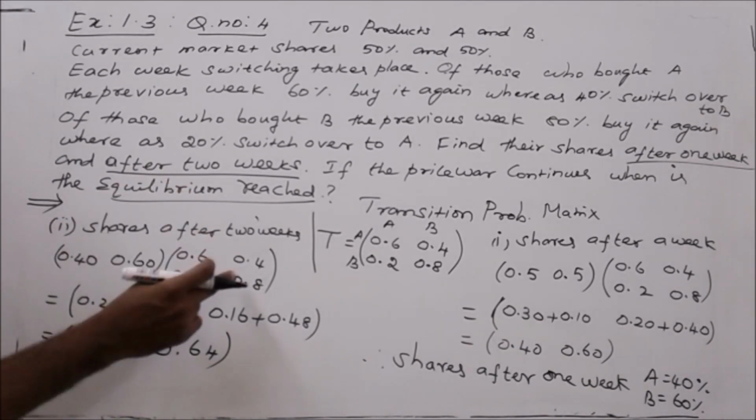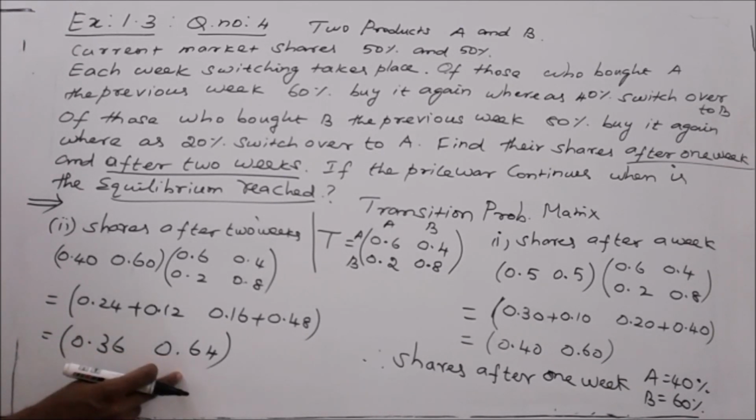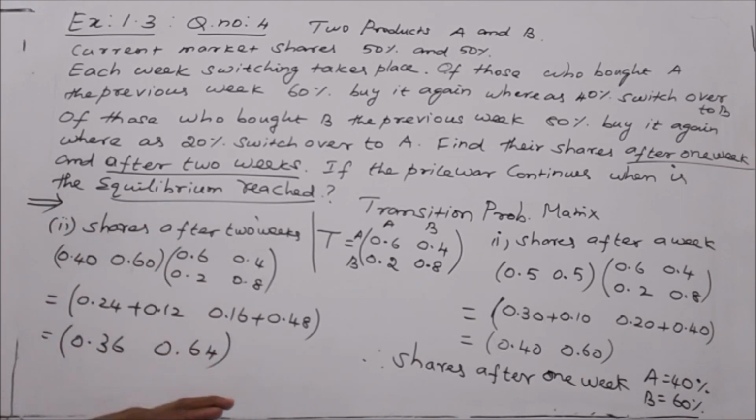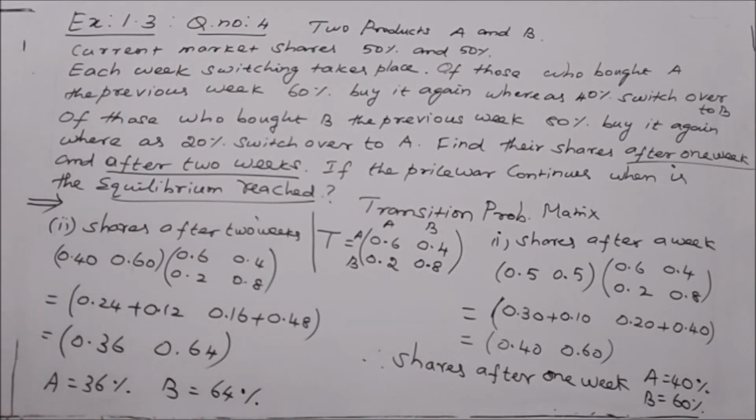The final answer is 0.36, 0.64. That means after 2 weeks, the market share for A is 36% and for B it is 64%. So gradually B's share is increasing here. And if the price war continues the same way, when is the equilibrium reached? That is the third subdivision.